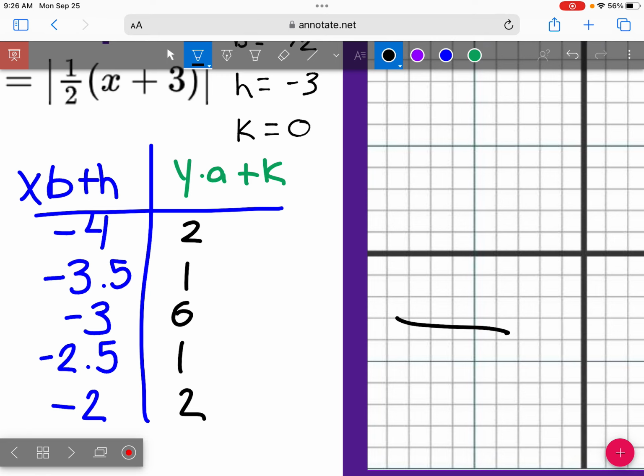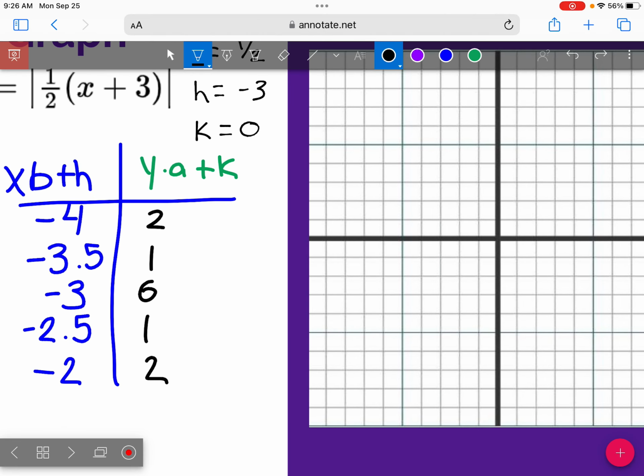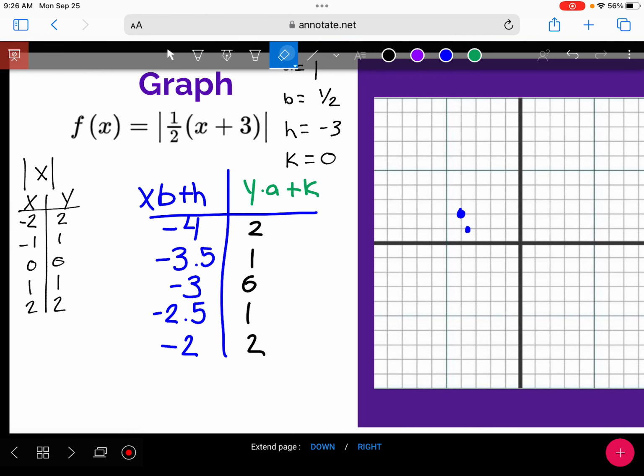So we get our points here. -4, 2. -3.5, 1. That's not a 6. That's a 0. It's just bad handwriting.